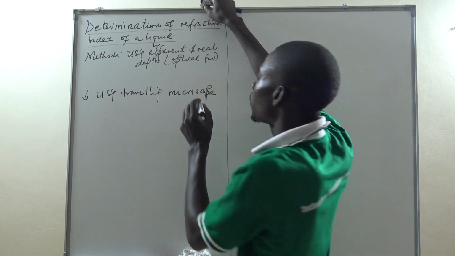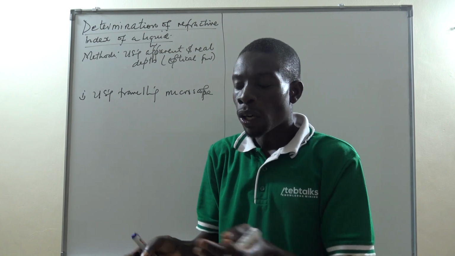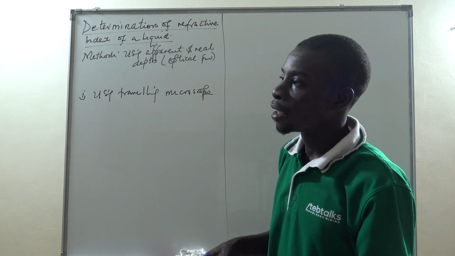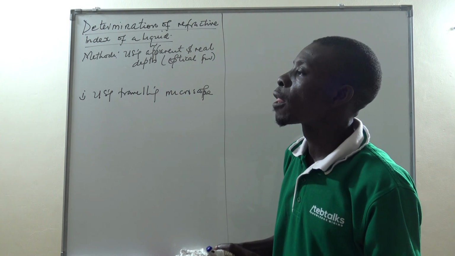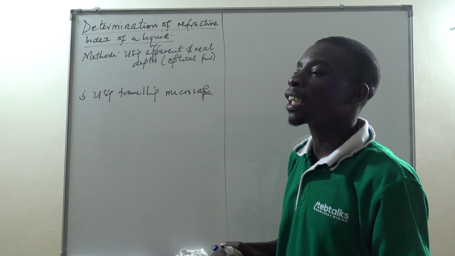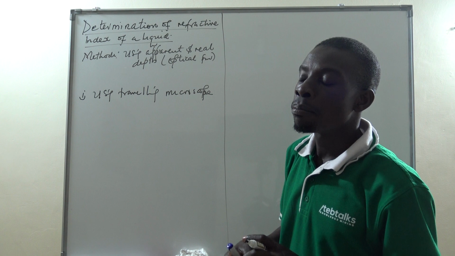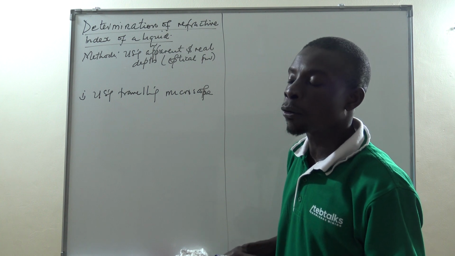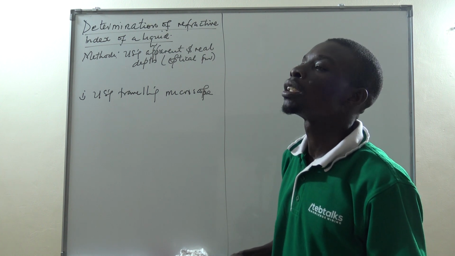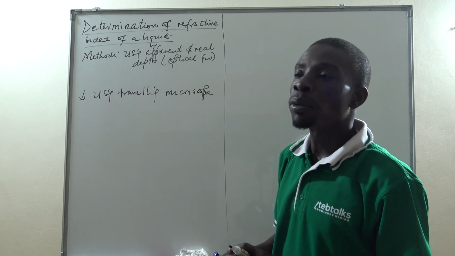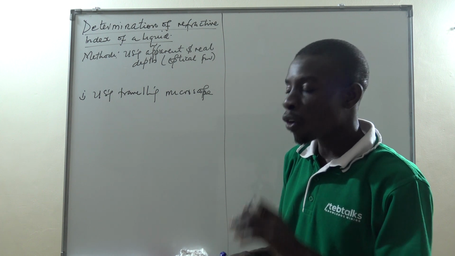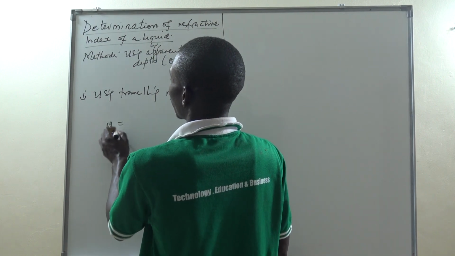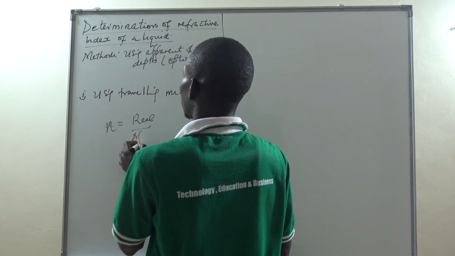Where you make a mark below a cross, below a beaker at the bottom, focus it using a traveling microscope, take readings, and then the liquid whose refractive index is needed is poured into the beaker, and then adjust the microscope again, focus the cross, and take readings, and then put some object that floats on water, focus that object and get the reading, and then you can get refractive index from the real and the apparent depths.